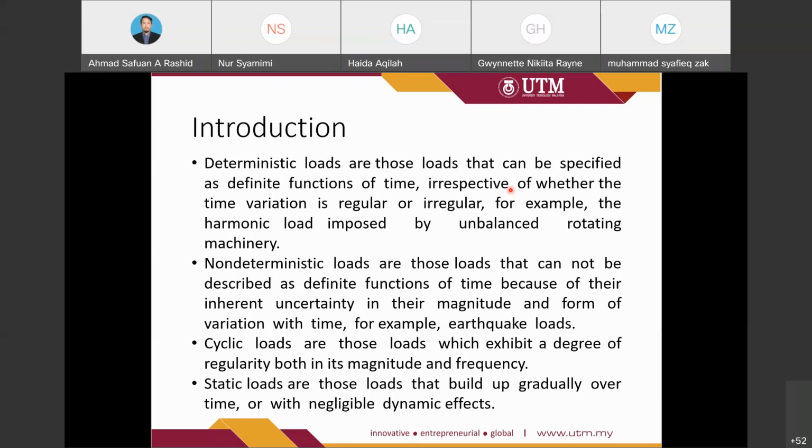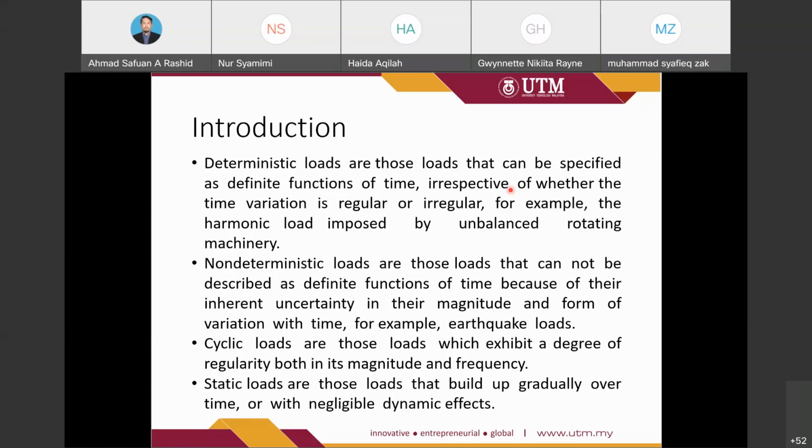Cyclic loads are those loads which exhibit a degree of regularity in both magnitude and frequency. So it has its own frequency with a constant magnitude. Normally when we operate a machine, it will provide cyclic loads.